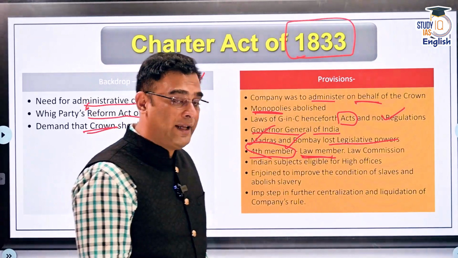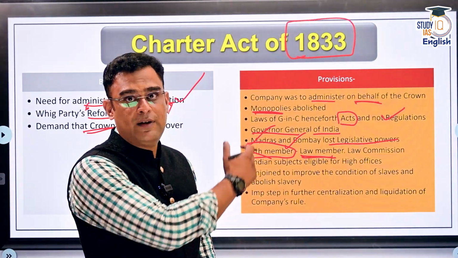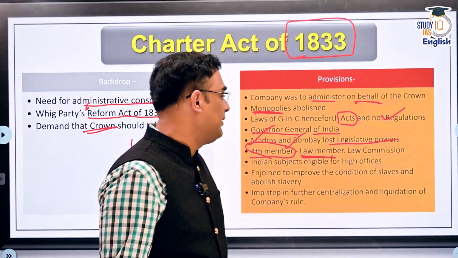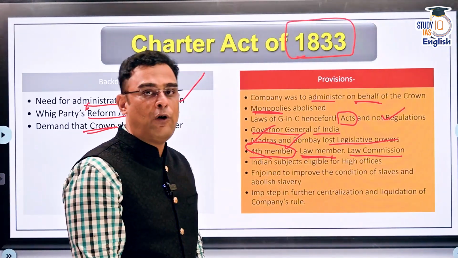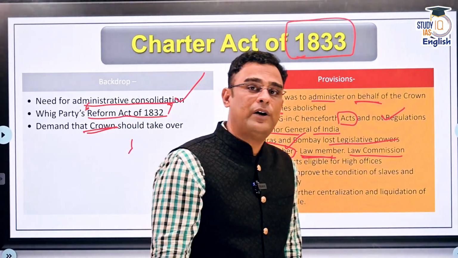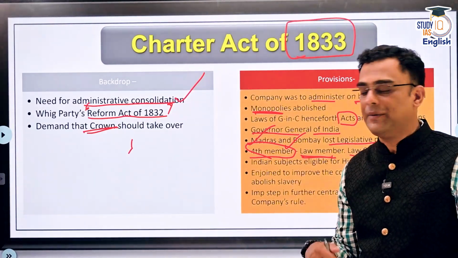Thomas Babington Macaulay, or Lord Macaulay, was the 4th member, the first person to be appointed to that position, 4th member of the council. And he also headed the Law Commission for British India. The role of this Law Commission was to design a penal code for the country.